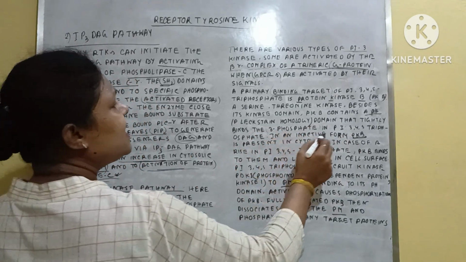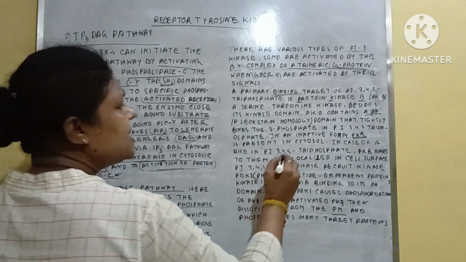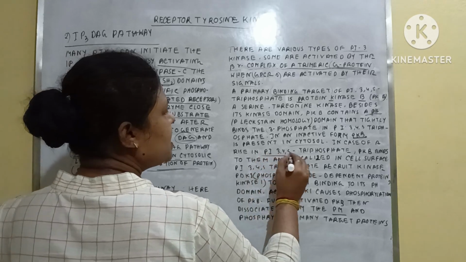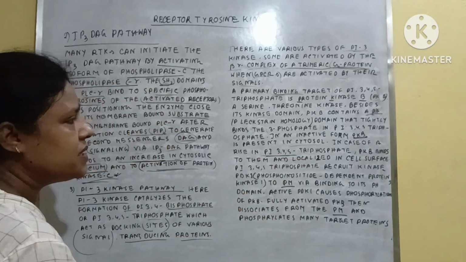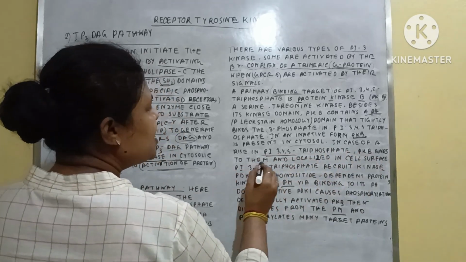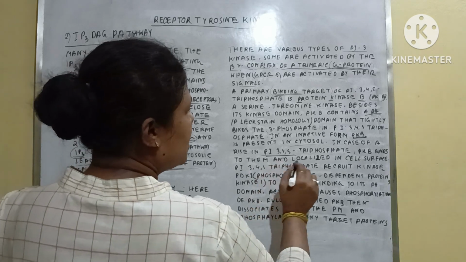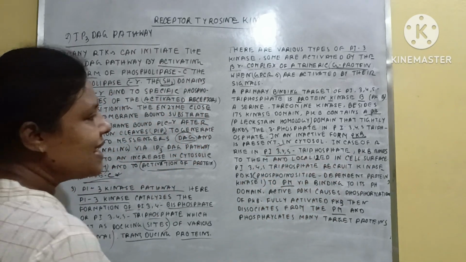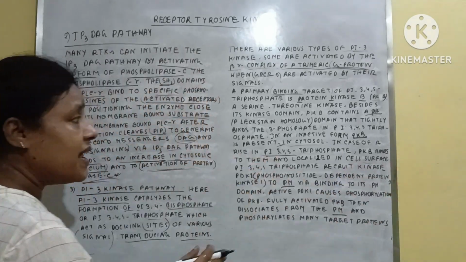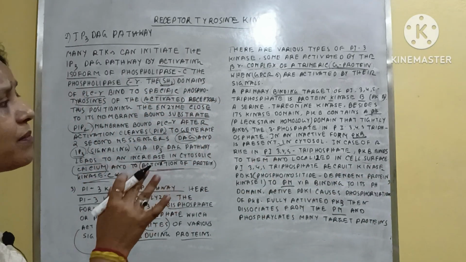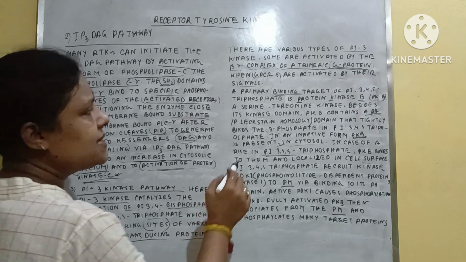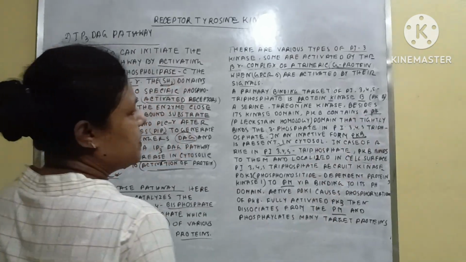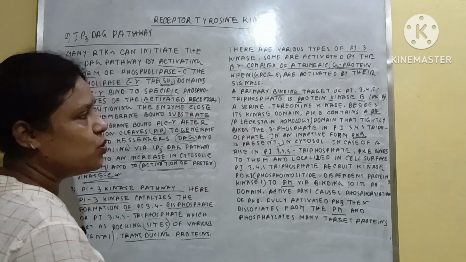In an inactive form, PKB is present in the cytosol. In case of rise of PI3,4,5-triphosphate, PKB binds to them and localizes to the cell surface. Again I repeat, generally PKB has two domains: one is the kinase domain and another is the PH domain, the pleckstrin homology domain.